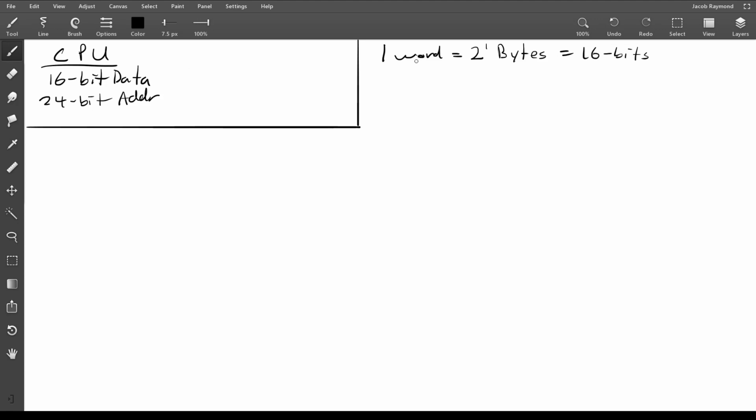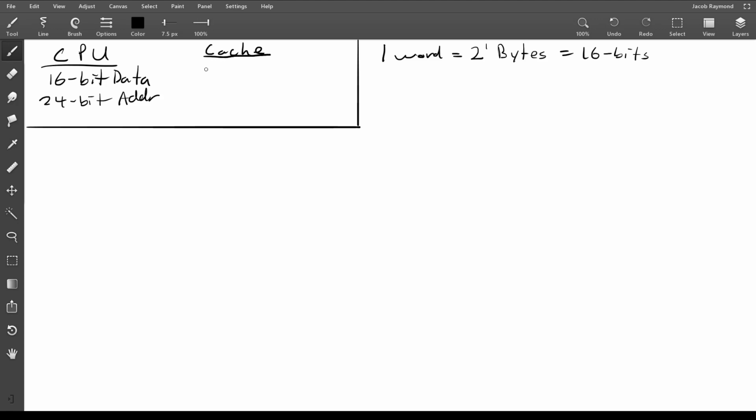Then I have the next piece of information, that our address is 24 bits. I don't really need to write that down, but it is important. It just tells you how big the memory is in bytes. If we assume we're doing byte addressing, we'll have an individual address for every single byte in the main memory, and so we can easily compute how many addresses we have, or how big the address has to be. Then we have our cache.